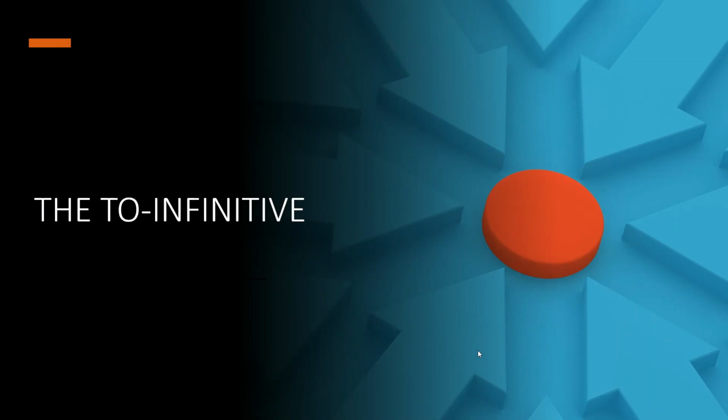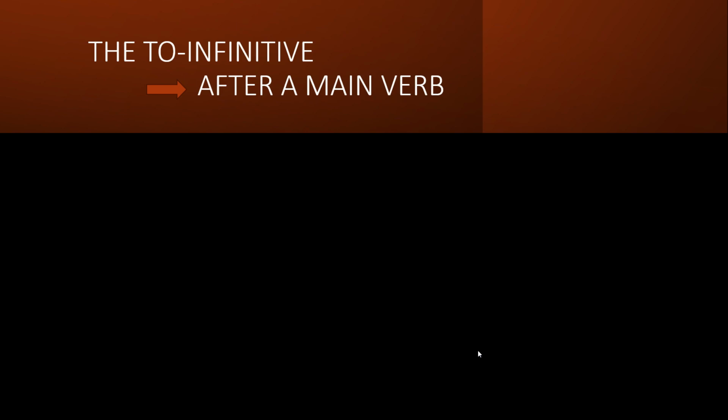Now, let's get to the to infinitive. We use the to infinitive after a main verb, which means that the sentence has two or more verbs, and the first verb is the one conjugated, and the second verb is put in the infinitive.